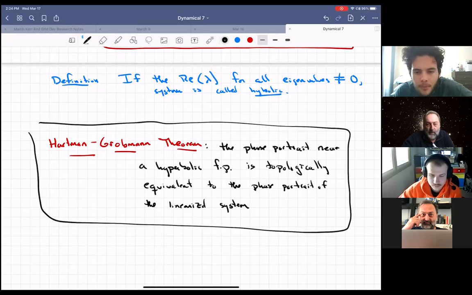So the idea of topological equivalence means that you can deform the linearized flow without breaking the flow in any way or introducing any topologically nasty things into the phase portrait of the fully nonlinear system.